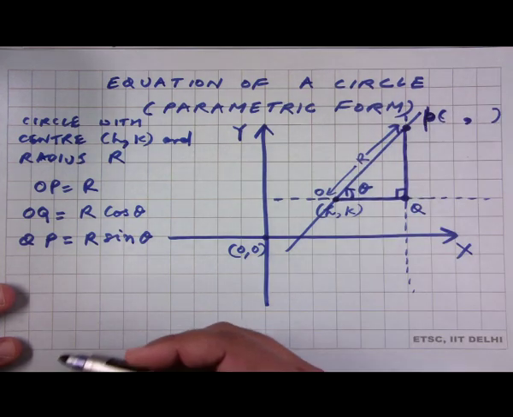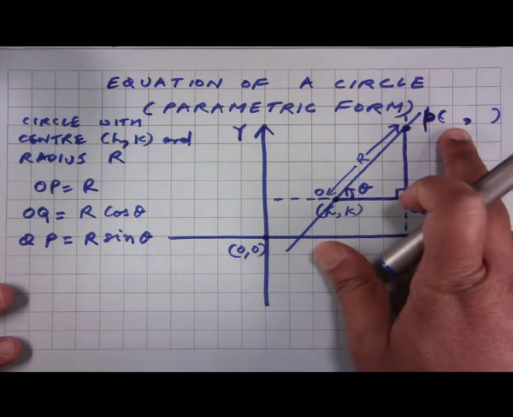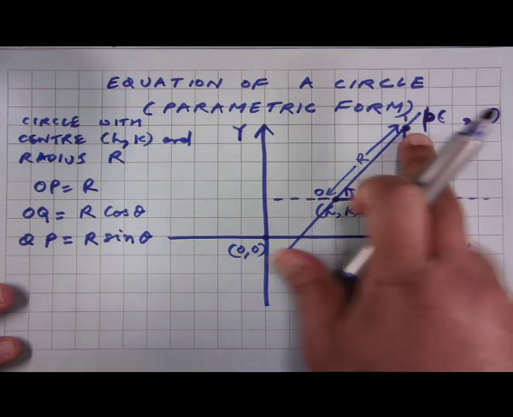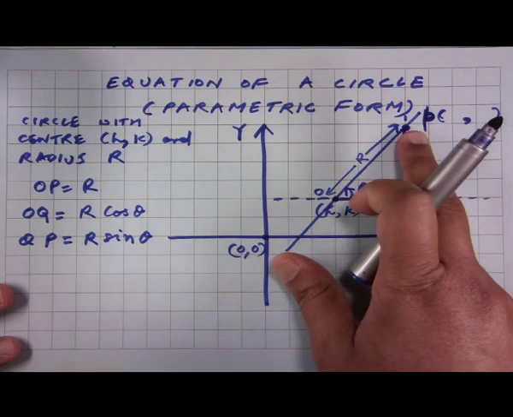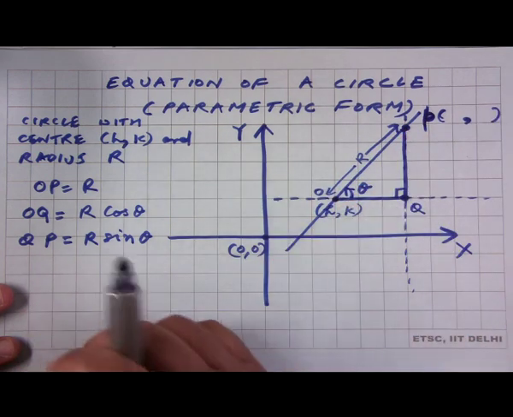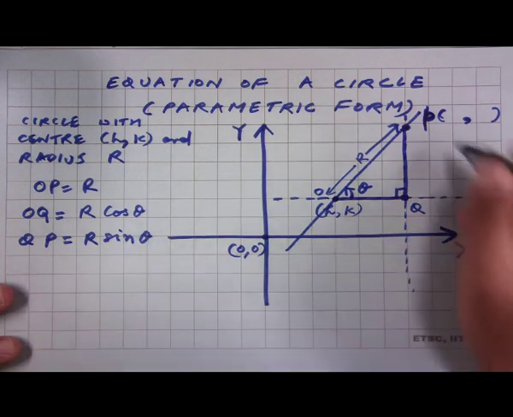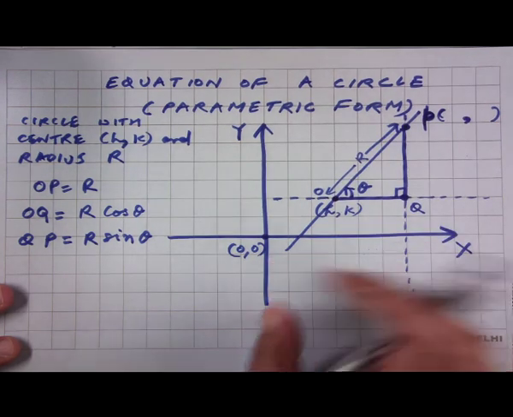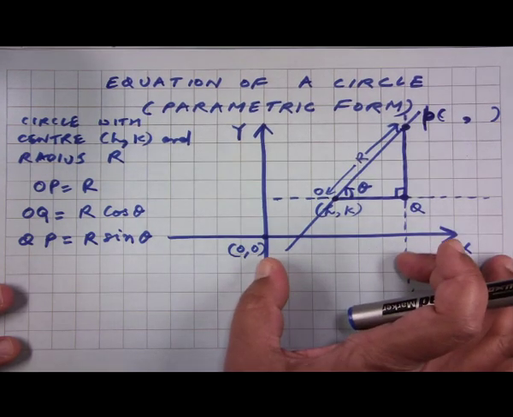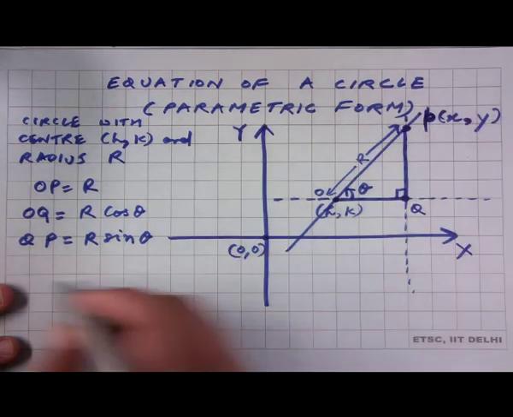Now, what we are going to do is express the x and y coordinates of this point P, which lies on the circle, in terms of r and this angle theta, and that is not very difficult because the x coordinate of this point P is equal to this distance. So, let us say that we have P (x, y).